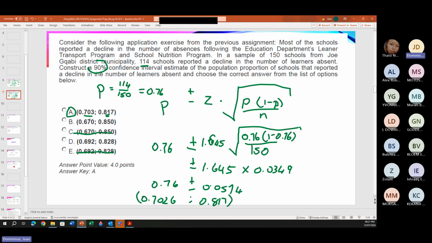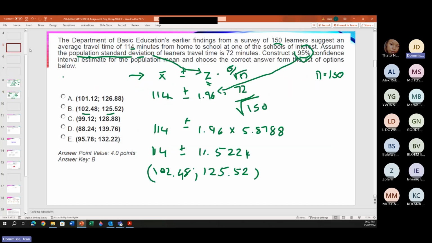Okay, so in your assignment there will be the traditional questions as well: the mean where the population standard deviation is known, or where the population standard deviation is unknown, and the proportion. So they need to tell you whether it is the population standard deviation or the sample standard deviation.